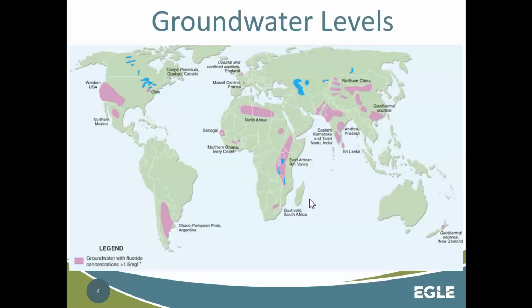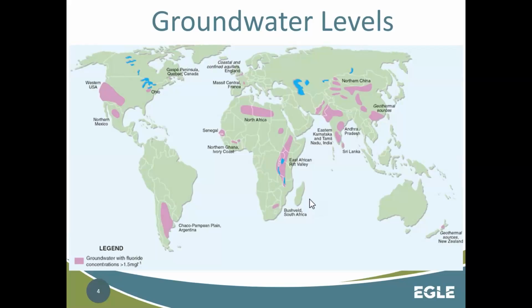So this map just shows the regions around the world which have high natural fluoride in their groundwater. The areas in pink have groundwater with fluoride concentrations above 1.5 parts per million or milligrams per liter. They're the same thing.